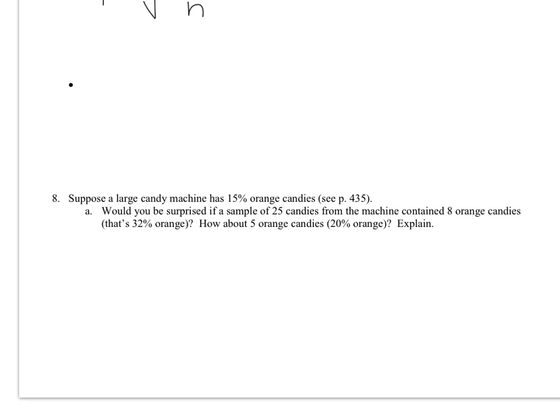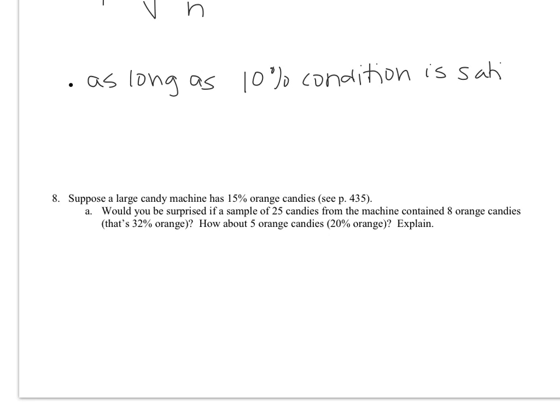Right? And then next, that is true as long as the 10% condition is satisfied. So if that 10% condition is not satisfied, then we don't get to use that formula.